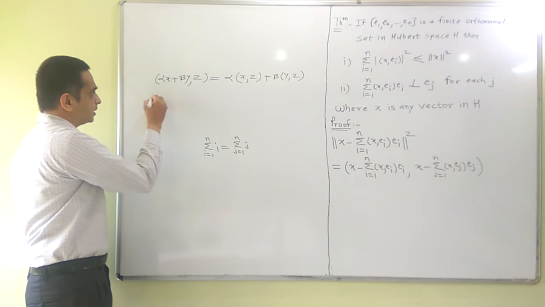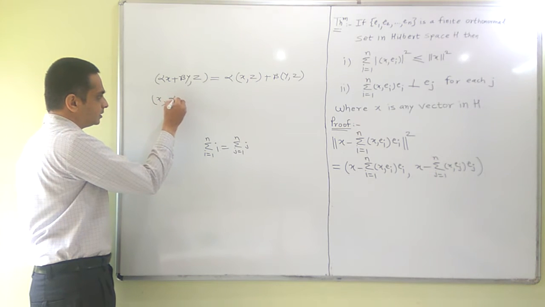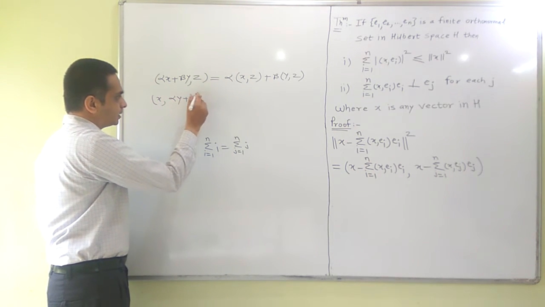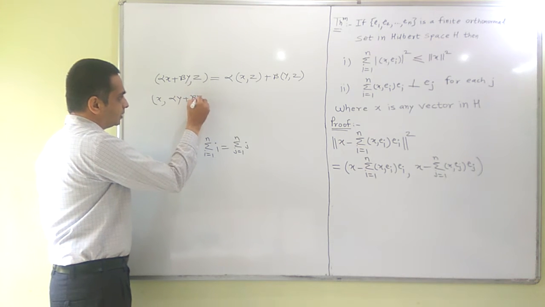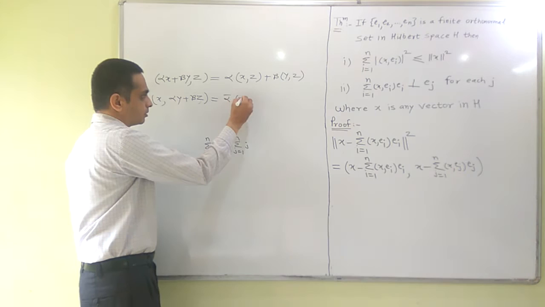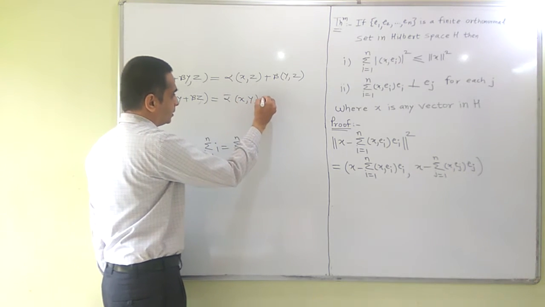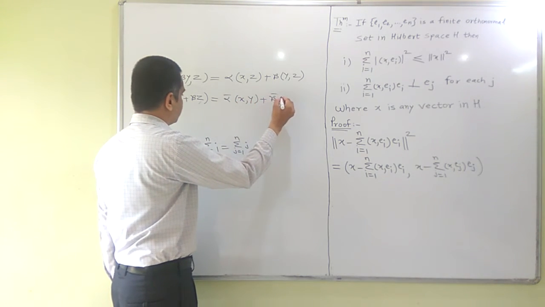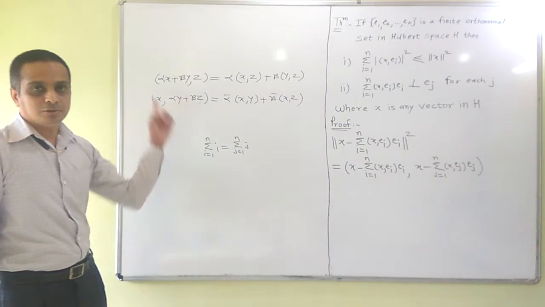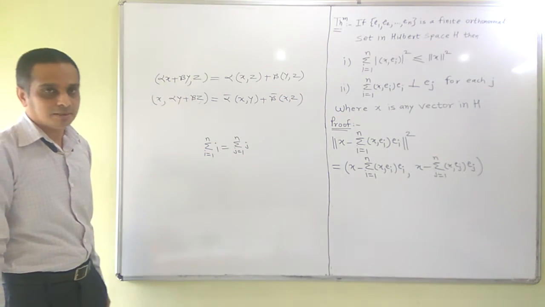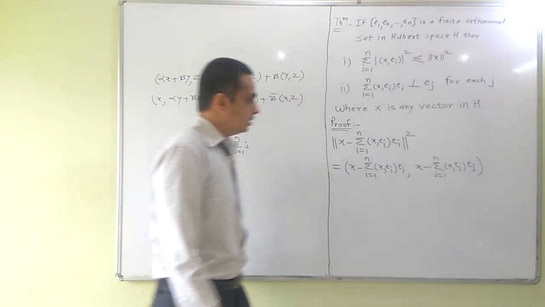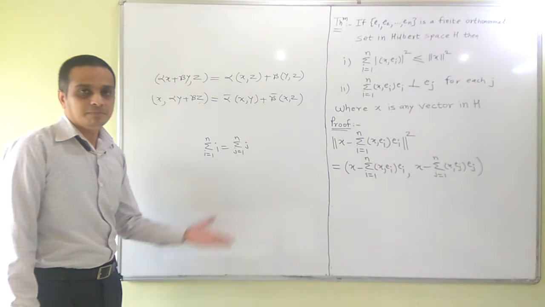And the second property is the inner product of x with alpha y plus beta z equals alpha conjugate inner product of x, y plus beta conjugate inner product of x, z. So these two properties we often use in calculations that involve inner products. So you simplify this.